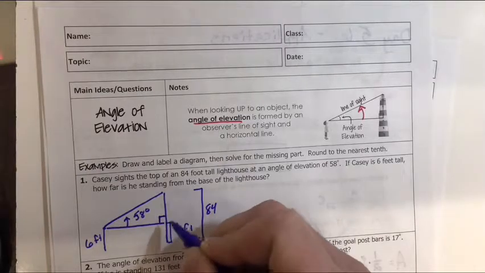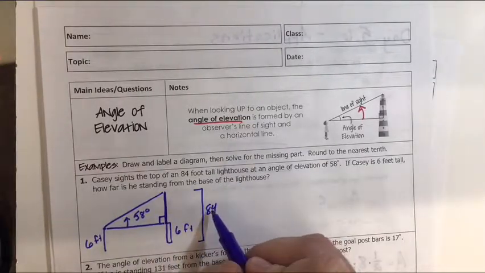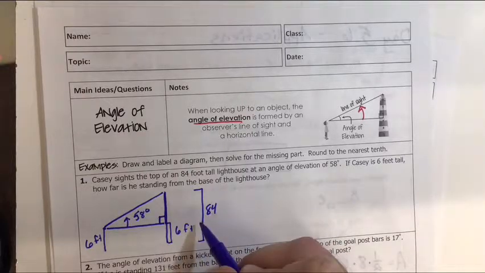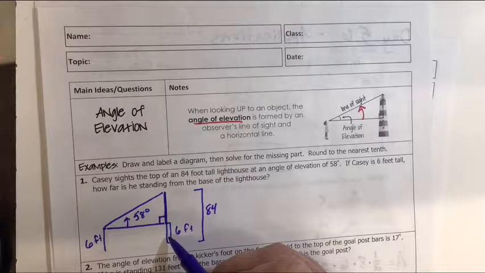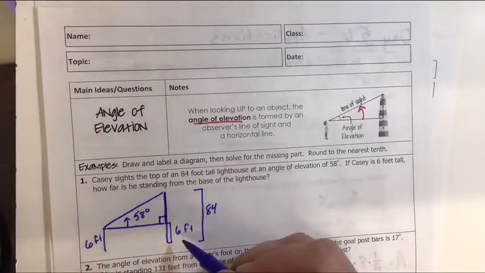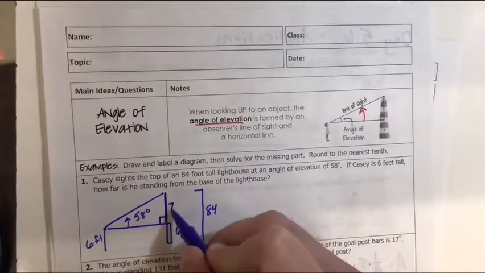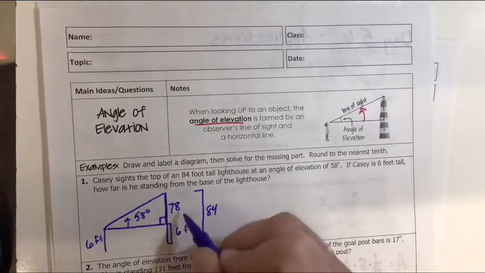Well, that creates this right triangle, but this opposite leg of the right triangle is not 84. It's the difference of 84 and 6, meaning we're going to cut off the 6 feet of the bottom of the lighthouse and realize that 84 minus 6 is 78 feet. So this leg of your triangle is only 78 feet.